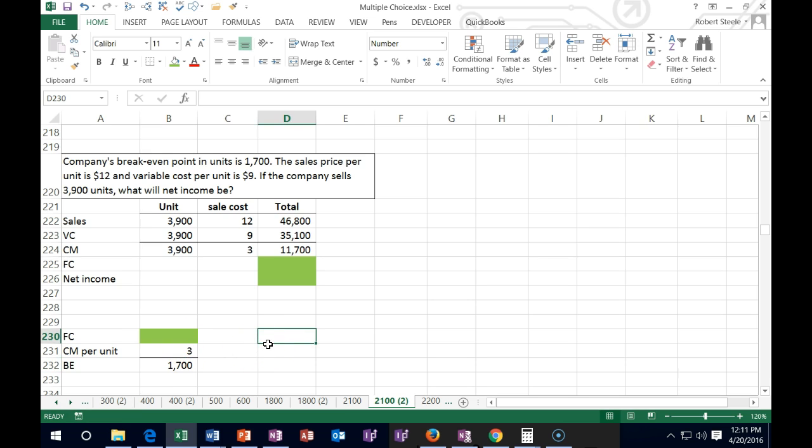We can verify that by saying fixed cost divided by 3 has got to equal the 1.7. That's our formula. And therefore, to solve for fixed cost, if it's division, we have to do the opposite. We got to multiply, so fixed cost is going to equal 3 times 1.7, and that gives us our 5.1.